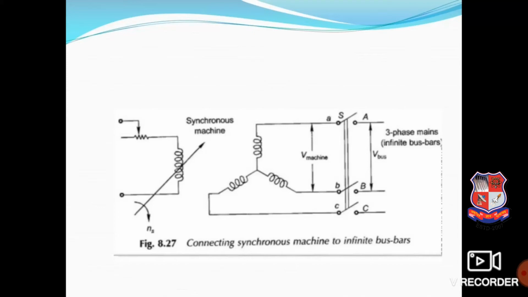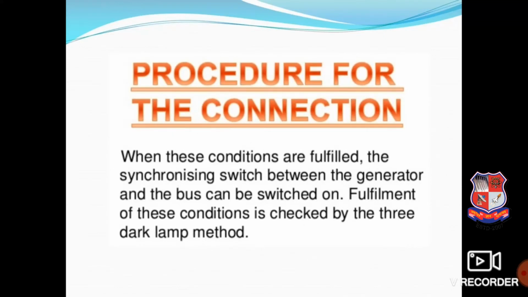For checking all the parameters, we connect a voltmeter for measuring voltage, a frequency meter for measuring frequency, and a phase sequence indicator for checking phase sequence. When all the equipment is connected and all the conditions are satisfied, we can switch on for connecting the alternator with the infinite bus bar.